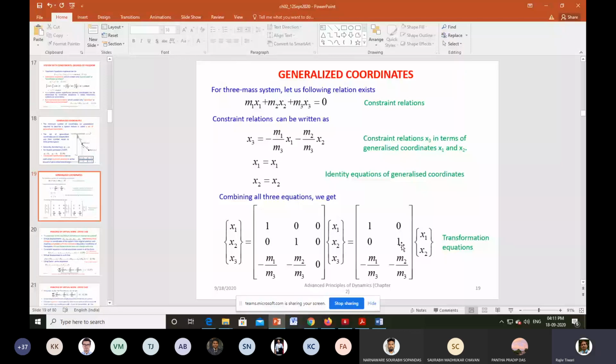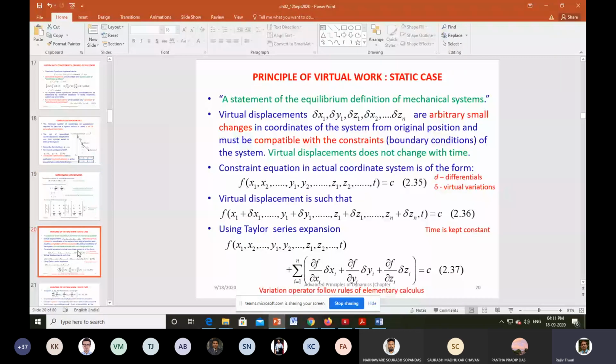So, first thing before going to Hamilton's principle, we will see the principle of virtual work. Initially we'll start with the static case because it is relatively simpler to understand, and then we'll extend the principle of virtual work to the dynamic case.